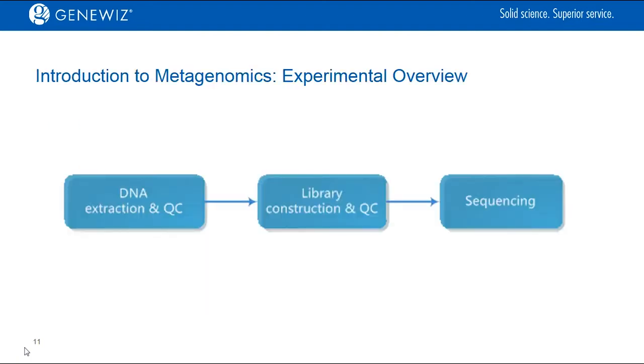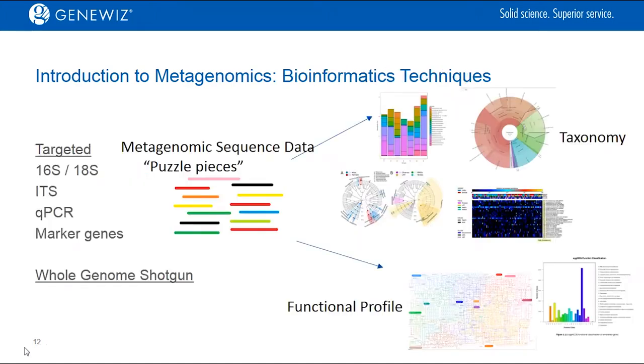This slide is a very high-level overview of the wet lab side of things, where we are either doing amplicon sequencing or whole genome shotgun sequencing, both of which I'll get more into in the coming slides. So here you can see that there are two major categories for sequencing our samples and extracting genetic information.